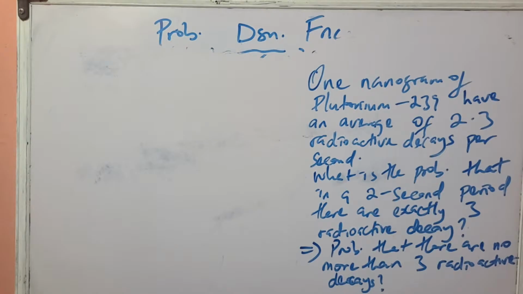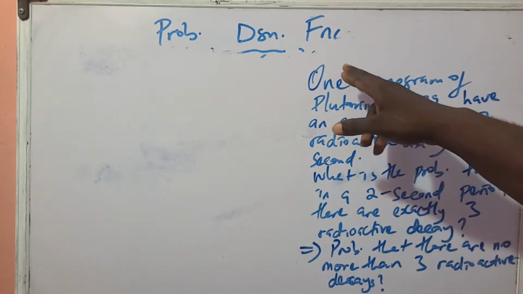The second question is still in line with whatever was said in the first question. So find the probability that in a 2-second period there are no more than 3 radioactive decays. Look at what we have right here: 1 nanogram of plutonium-239 has an average of... The reason why these kinds of questions, if you're not very vigilant, you'll think that the use of the word 1 here has something to do with the question.